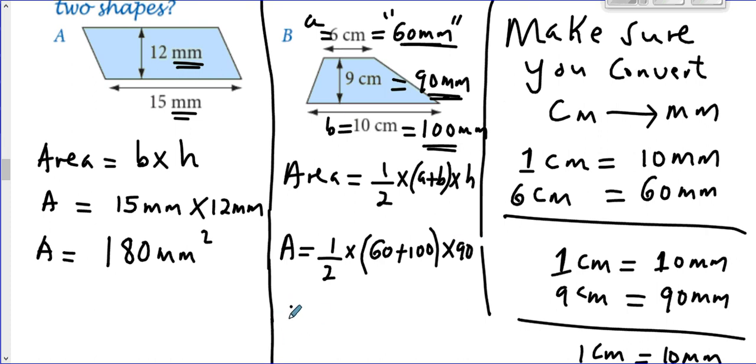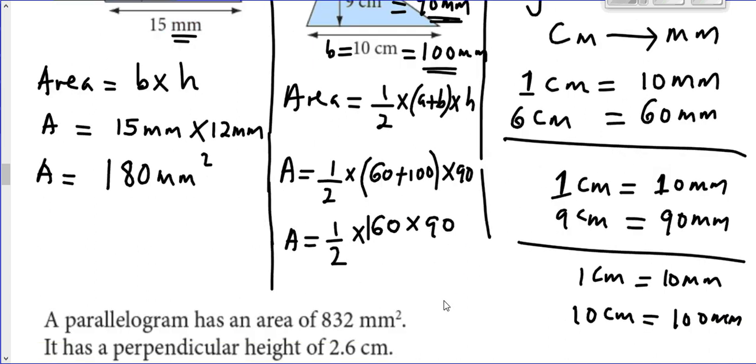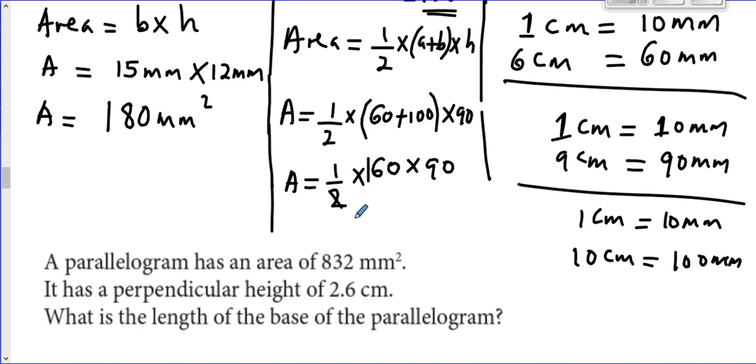Now if you proceed, area equals a half times 60 plus 100, which is 160, times 90. Simplifying, half of 160 is 80. Now area will be equal to 80 times 90. 8 times 9 is 72, then 0, 0, so 7,200. This is millimeters squared.